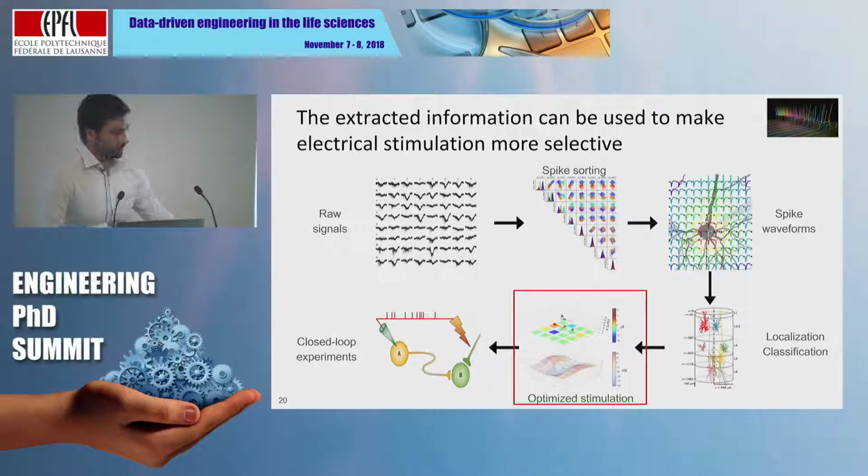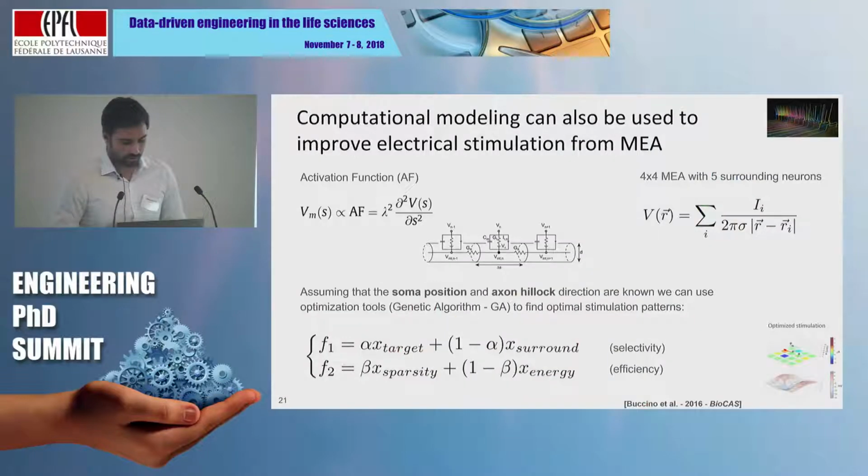So finally, I'm going to show another application in which we use a model-based approach to optimize stimulation patterns. In this case, we need a model of stimulation from extracellular potential, and we use the activation function, which predicts the excitability of a neuron based on the second derivative of the extracellular potential.